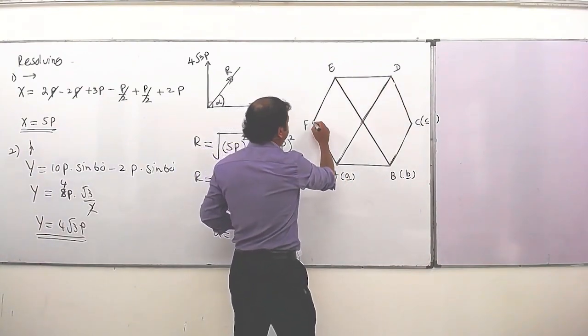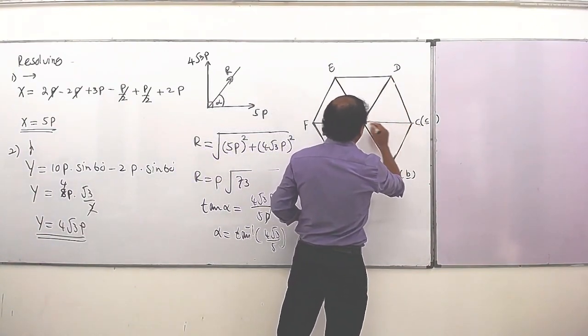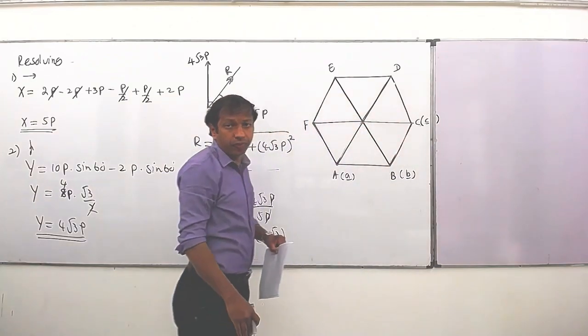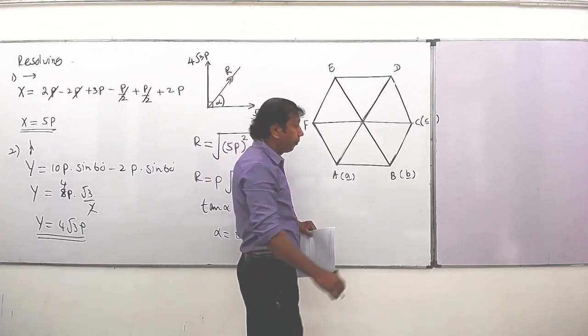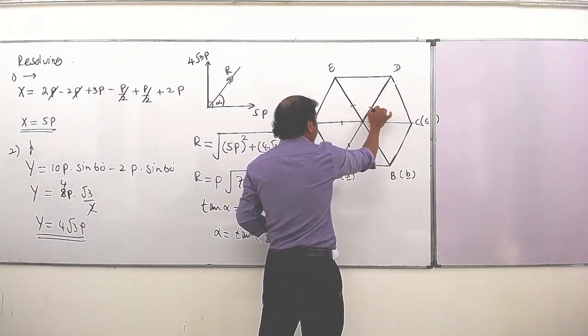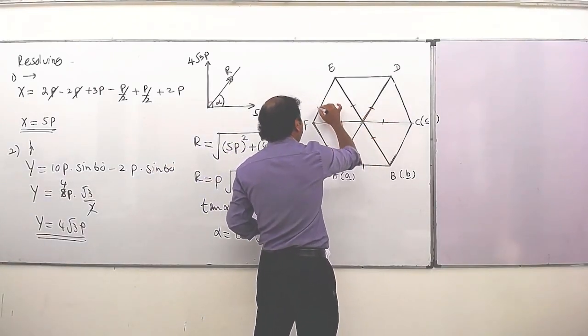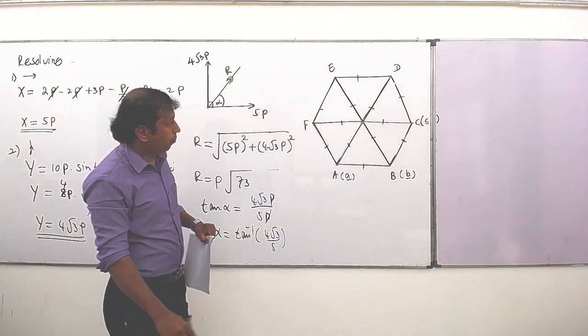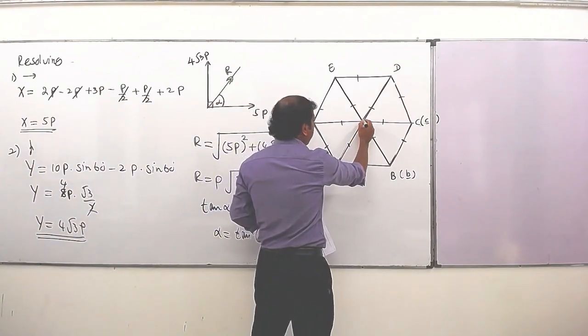And when we join F and C, that passes through this point. That line is parallel to AB and ED. And also people, all sides are equal. This is the property of the regular hexagon. This point is called G, centroid, center.